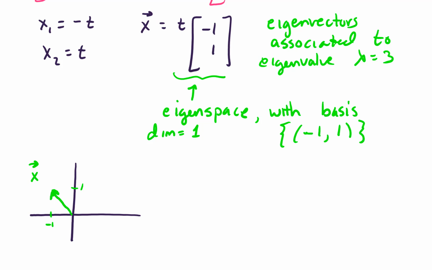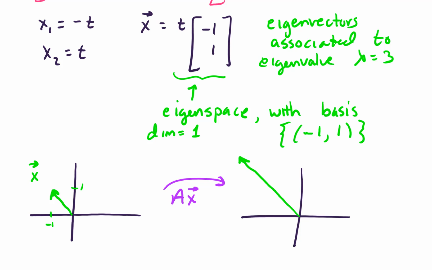After applying the transformation A times x, we get out a new set of vectors pointing in the same direction we were originally pointing in, but they're 3 times as big. So this new vector, Ax, looks like 3 times our original vector x, just a scalar multiple.